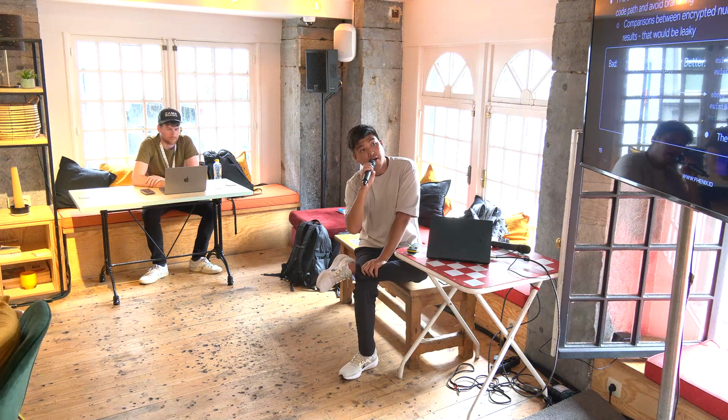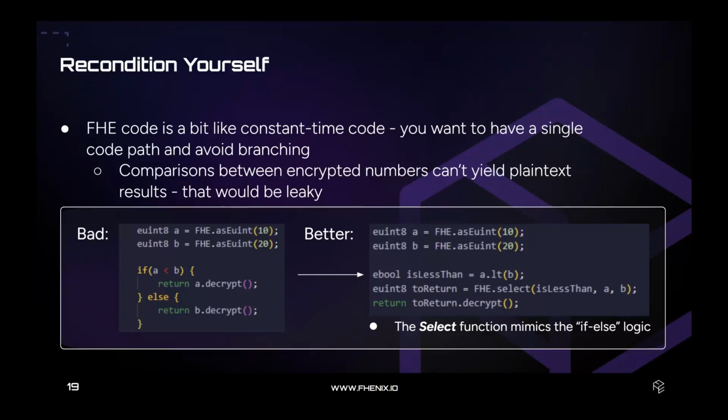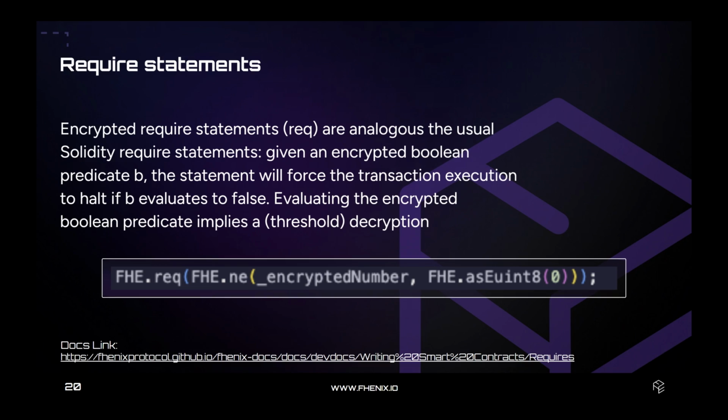Basically, this is a selector method, which is similar to the CMUX, like a multiplexer. There's an initial value that gets assigned to either A or B, depending on whether the first encrypted value is true or false, and it's represented here as an ebool, the encrypted boolean, which is essentially what it sounds like.